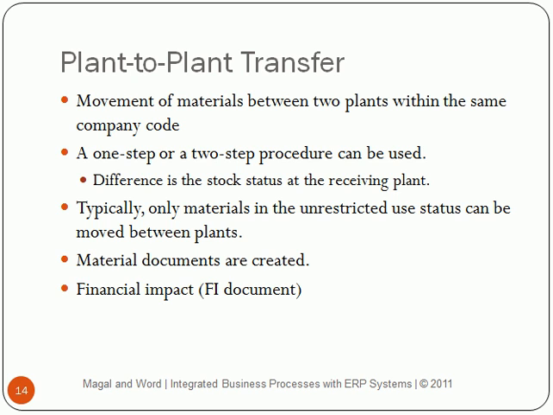So material documents must be created and financial impact must be created as a result of a plant-to-plant transfer. But if I am transferring within the same plant, as we said, there is no financial impact, there is no effect on the general ledger.